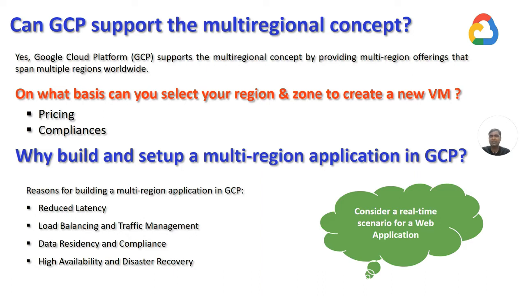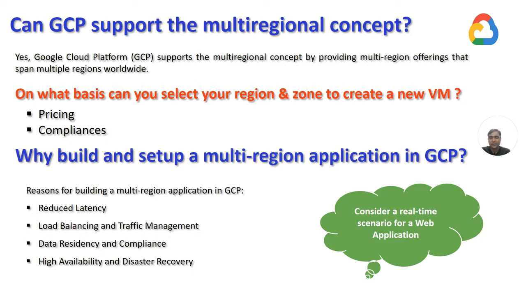This helps to prevent bottlenecks and ensures that the application can handle spikes in traffic during peak usage periods. Guys, I think now you understand the benefits of using a multi-region application in Google Cloud Platform. Then high availability and disaster recovery, we'll discuss that main focus point also.